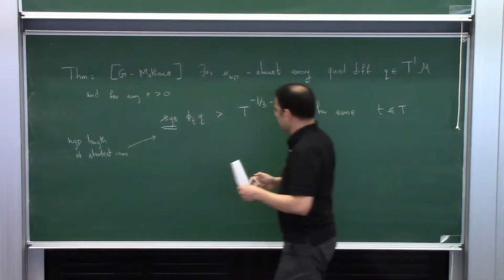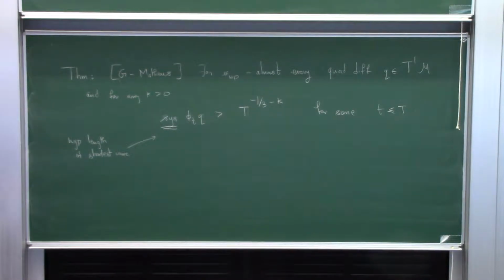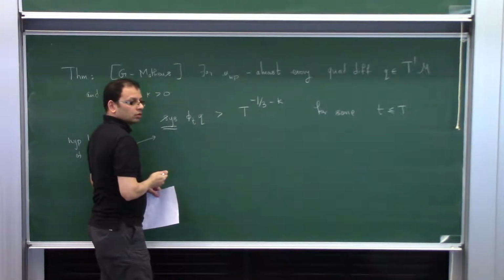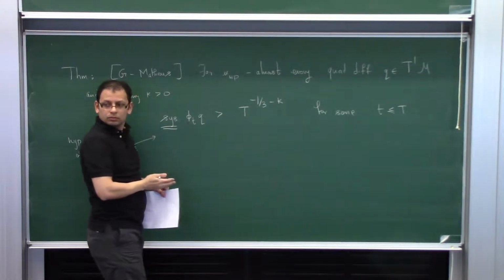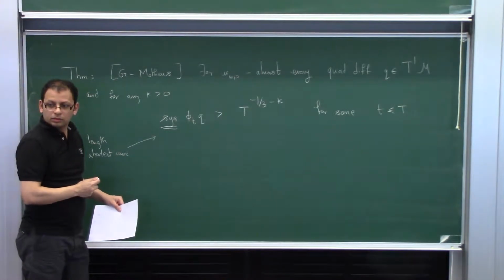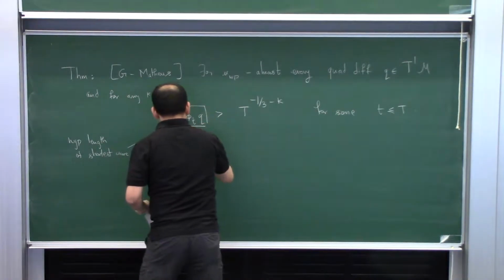So maybe I'm missing something. This is correct, the way it's stated. This is the smallest systole up to time T that you will see. You mean the systole of phi_t of Q is the shortest for all time up to capital T, that's what you're saying? No. This is a marked hyperbolic surface.